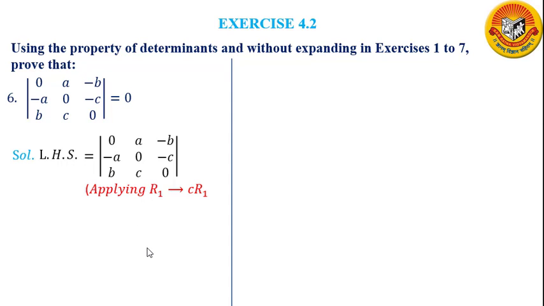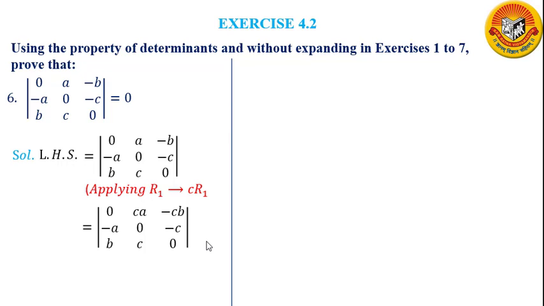So what I will get? On R1 I will get 0, CA and minus CB. So R1 I have changed as C times R1.